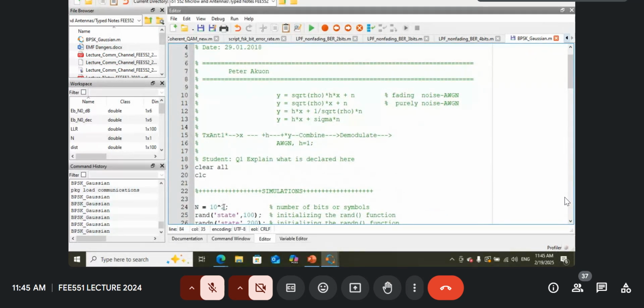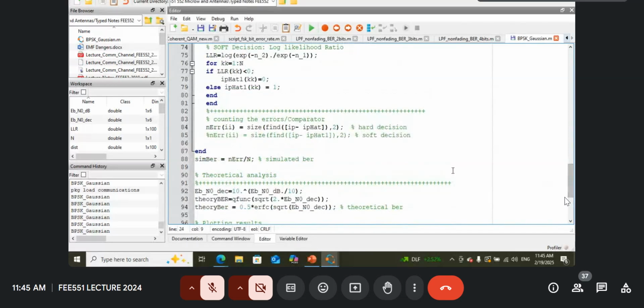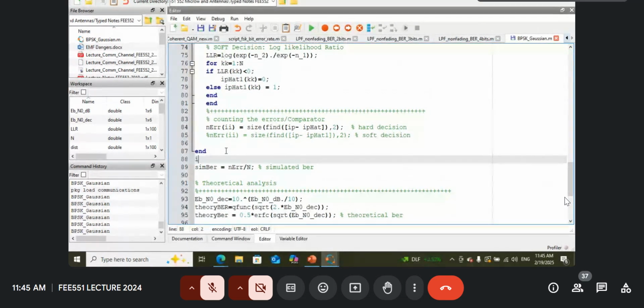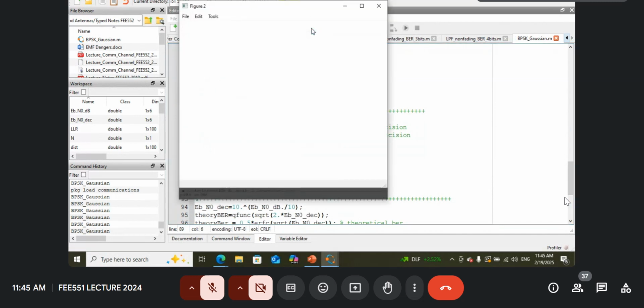So we can just have a look at just 10 of them. What we can do, let's compare. So let's have IP without a semicolon, then IP hat. We just want to see what values we compute at the end.